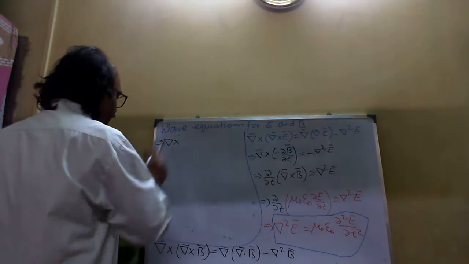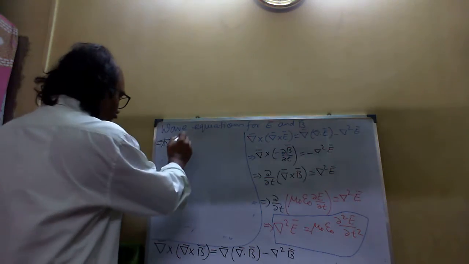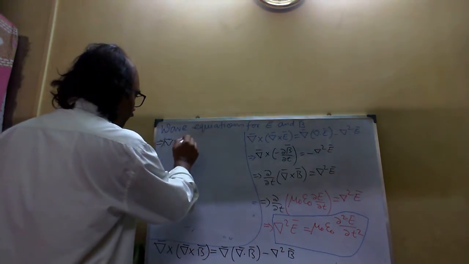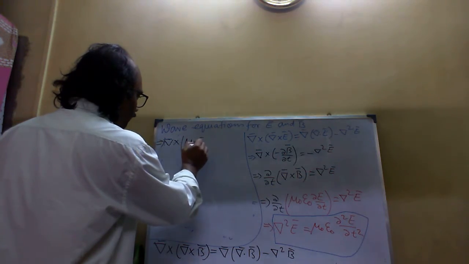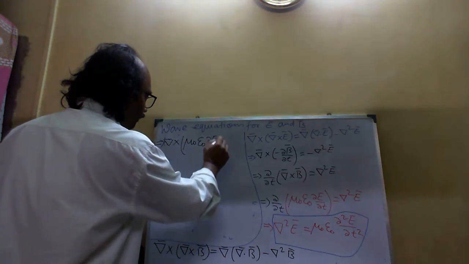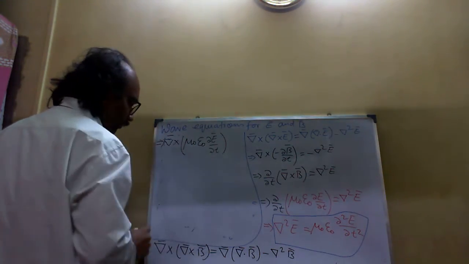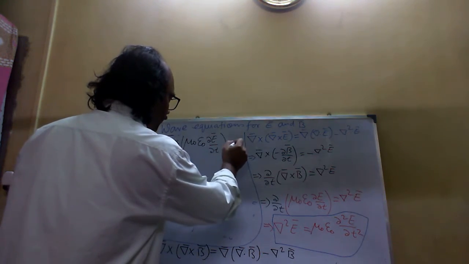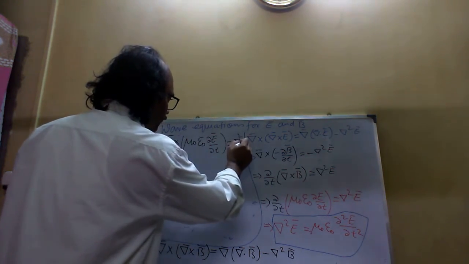Curl B is mu naught epsilon naught del E by del t. Del dot B is 0, which is equal to minus del square B.